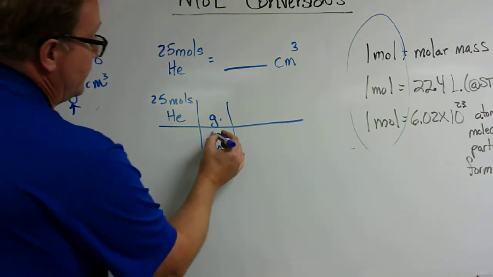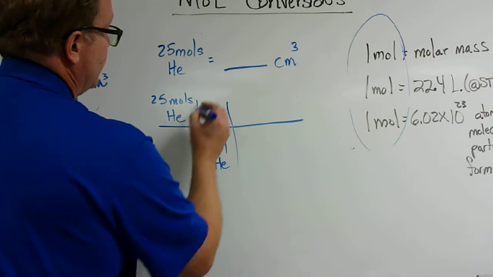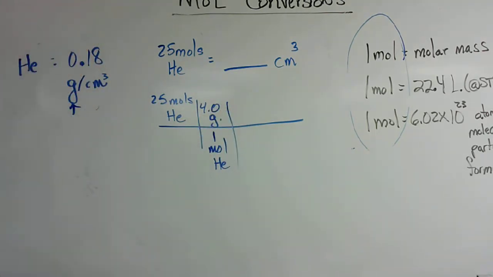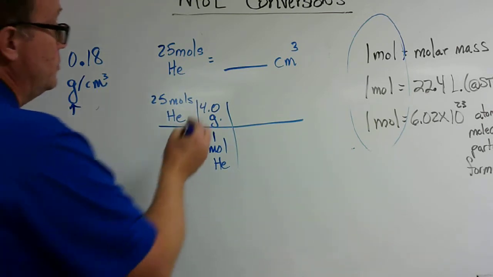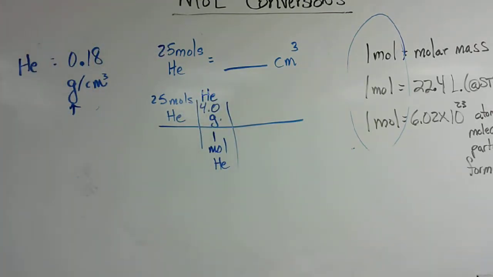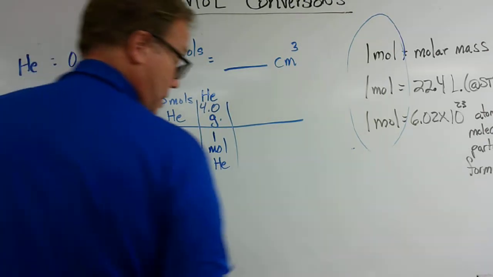The big one is the mole. The mass of He is 4.0, or 4.016, but we'll go with the 4.0. Now we continue following pattern, and we're going to put the grams at the bottom.